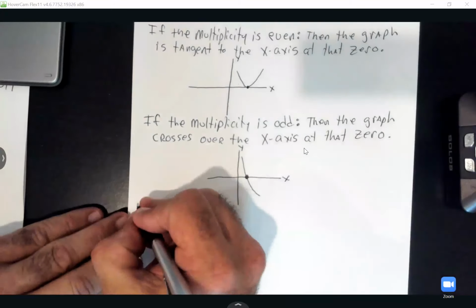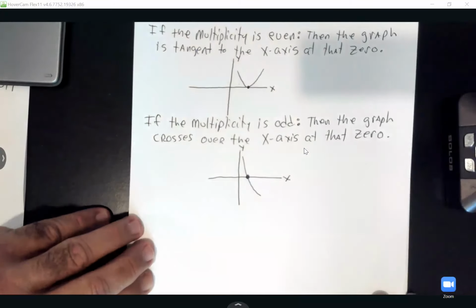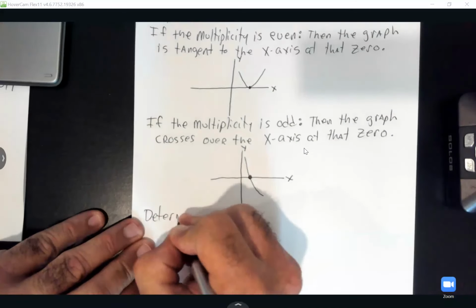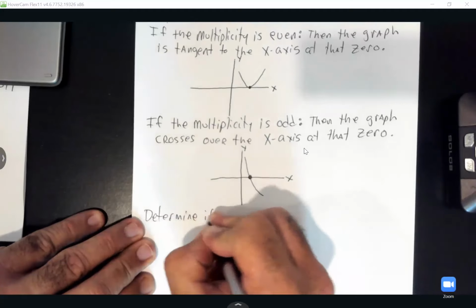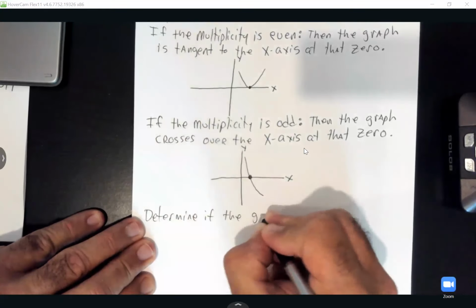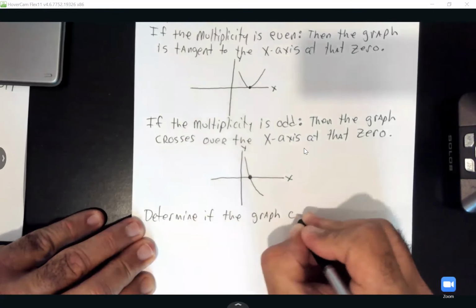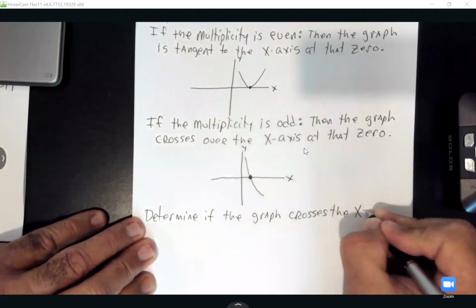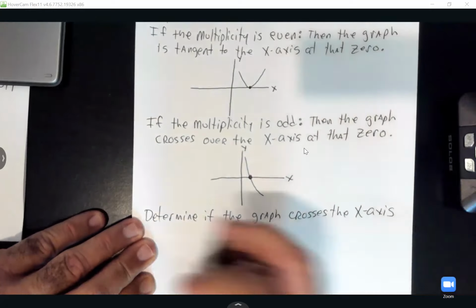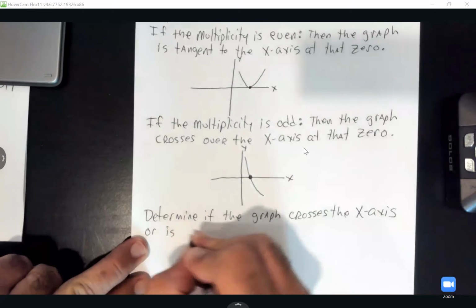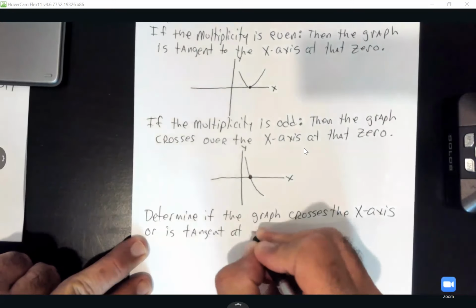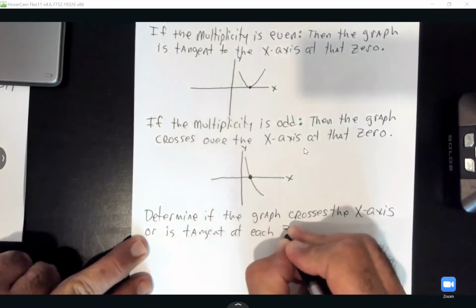So y'all, I'm just going to play with y'all just to give you more meaning. So I'm going to determine if the graph crosses the x-axis or is tangent at each 0.